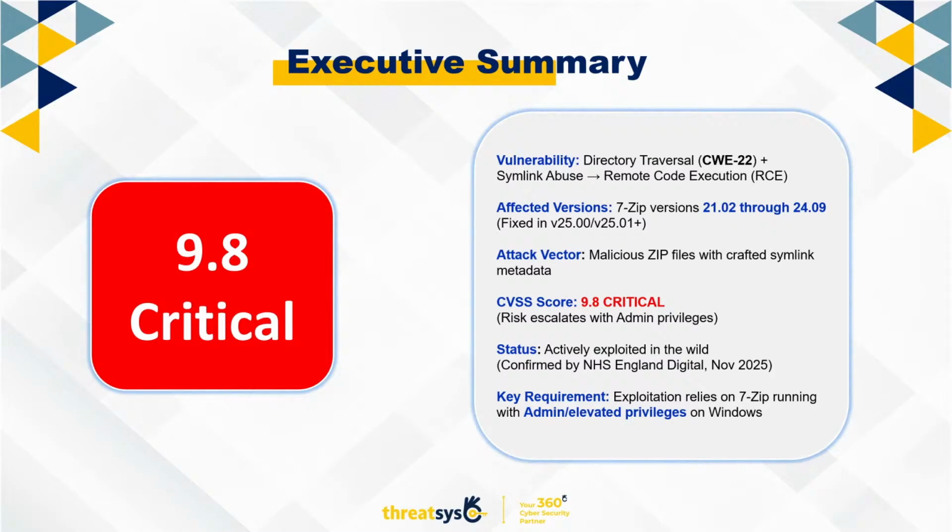This is not a theoretical threat; it is confirmed to be actively exploited in the wild. It was confirmed by NHS England Digital in November 2025. The crucial factor for successful exploitation is 7-Zip running with admin privileges on Windows.